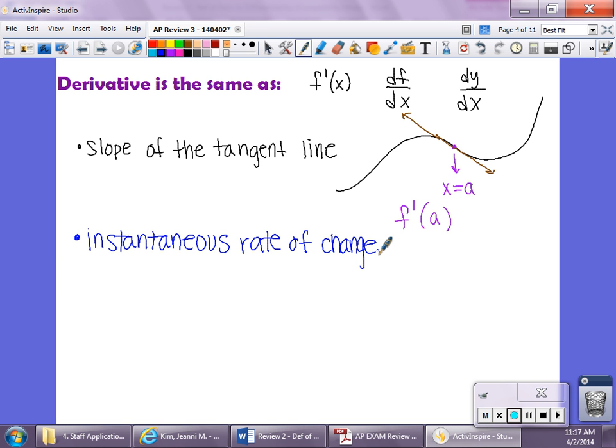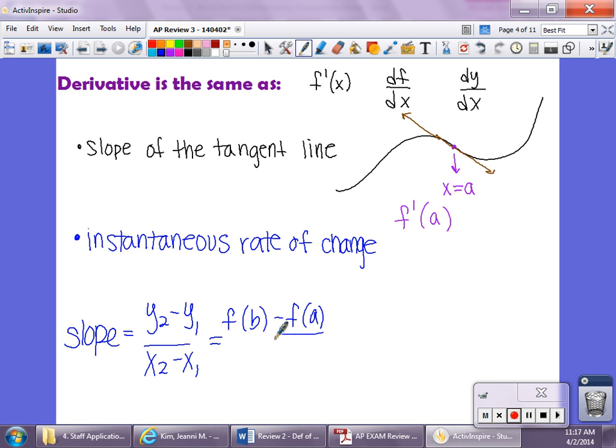Okay? Then, just a reminder that the actual word slope, meaning the formula y2 minus y1 over x2 minus x1, the other way you'll see that formula, f of b, second point, minus f of a, first point, all over b minus a, that is the same thing as average rate of change.